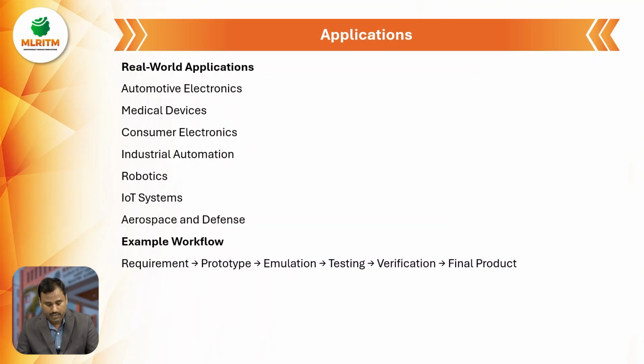After that we go for prototyping, then emulating and testing, verification, then the final product. If in this process any error occurs, in terms of design error or simulation error, we can cross-check it and make it clear. So that is the prototyping and emulation technique of module 2 for the course hardware and software co-design.